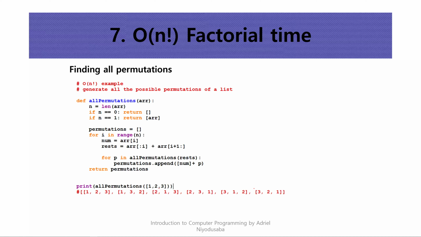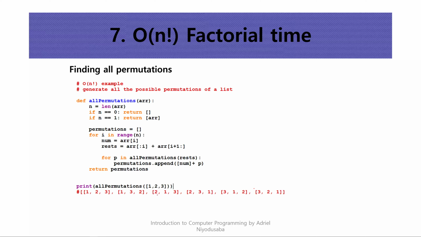How many possible permutations can I have of 1, 2, 3? And it turns out mathematically we can find factorial of 3 by 3 times 2 times 1, and that gives us 6. So we expect to find 6 possible permutations of these numbers, and that's what we have here. 1, 2, 3, 1, 3, 2, 2, 1, 3, 2, 3, 1, 3, 1, 2, 3, 2, 1. Yeah. So these are the possible permutations, and you can see how huge this can get.